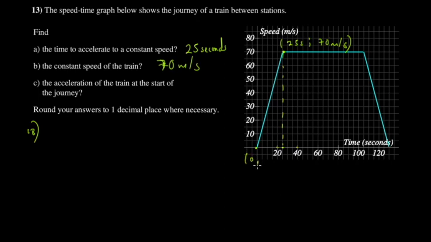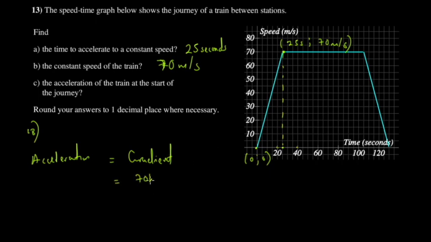So this one would be 0, 0 like this. So acceleration, remember, for the speed-time graph, it's equal to change in speed. So you can actually say gradient here, simply gradient, so that you save time. They will know that you identified it as the gradient.